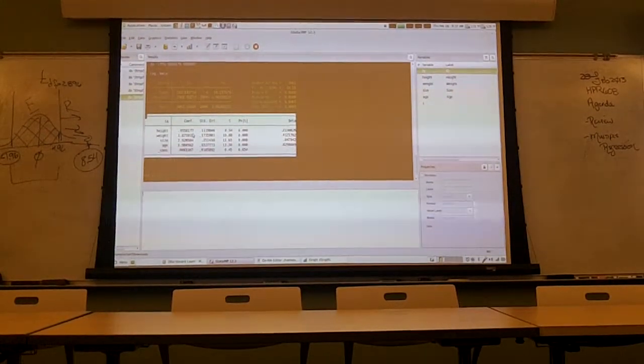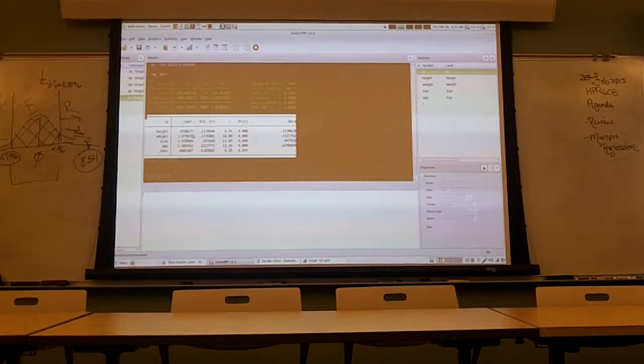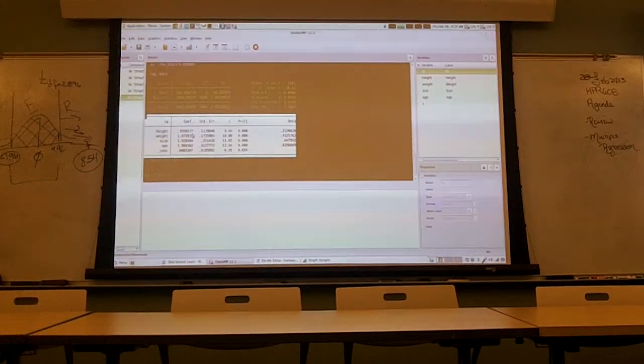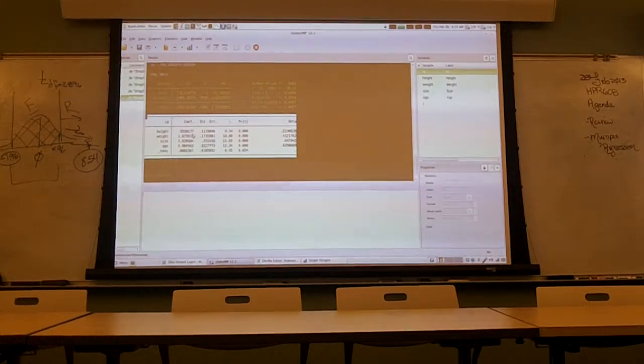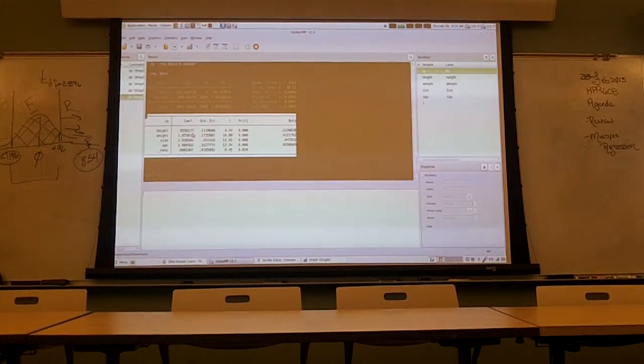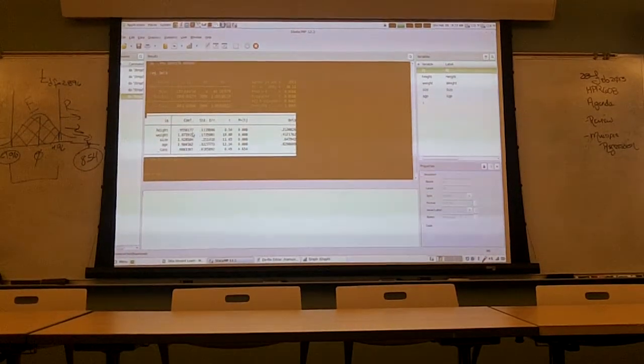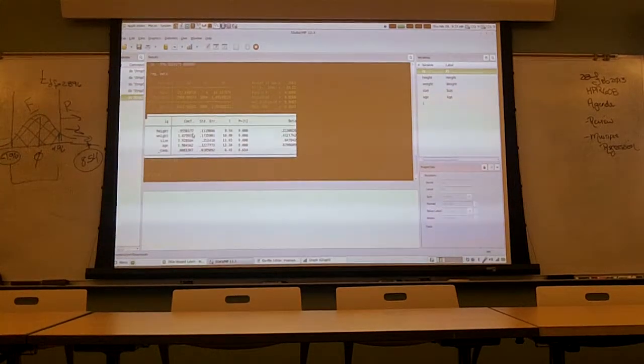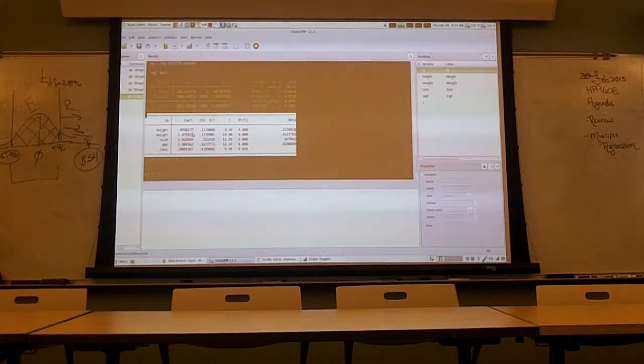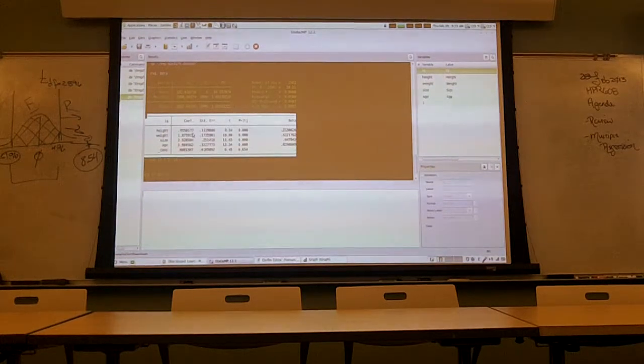So if I want to compare the relative effect of one variable versus another, they have to be on the same metric. Because if I have one variable that has a huge variance in it, its coefficient is probably going to be very small relative to something that doesn't have a lot of variance in it. So these are beta coefficients.